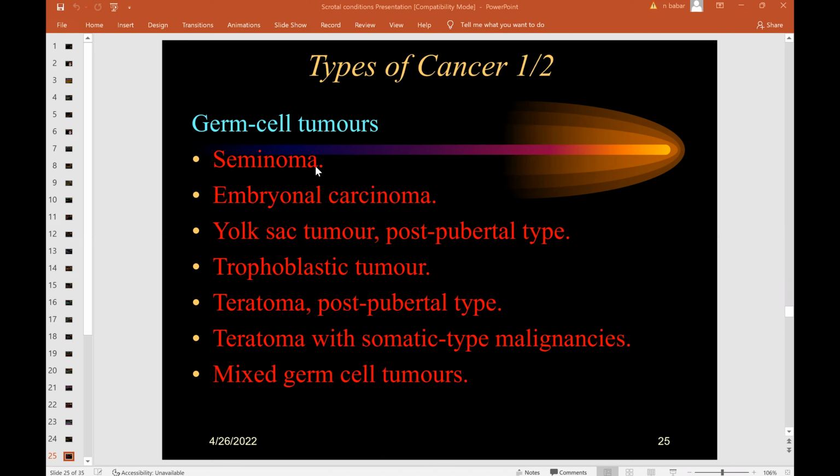The non-seminomatous tumors may be embryonal carcinoma, yolk sac tumors, trophoblastic tumors, teratoma, as they used to be called in the past, and then, of course, mixed germ cell tumors, which means that there are some features of seminoma and some features of non-seminomas.